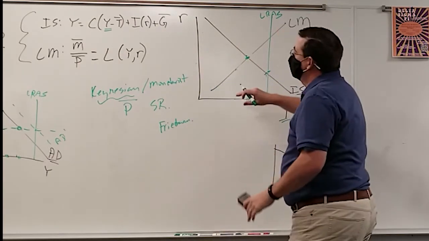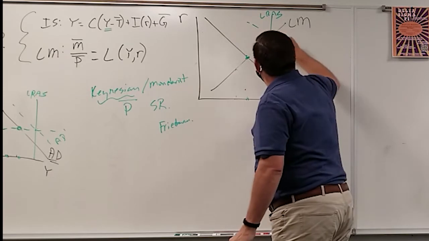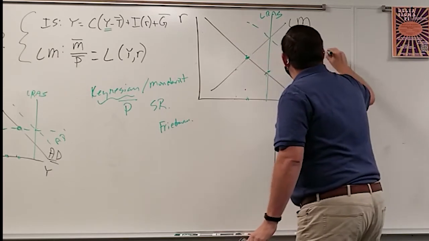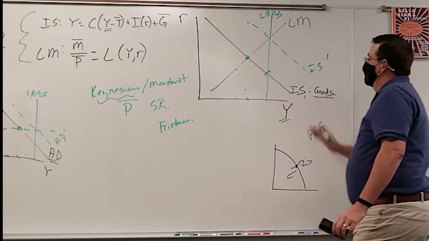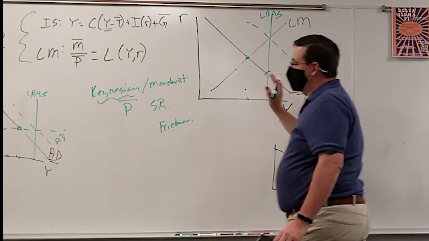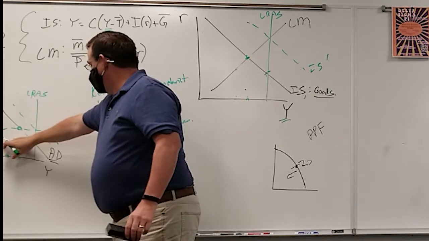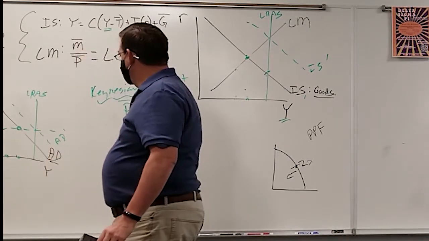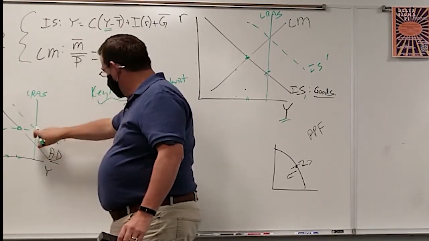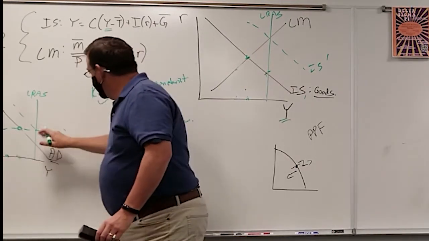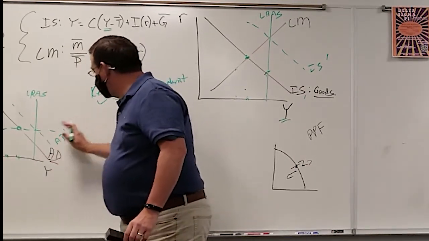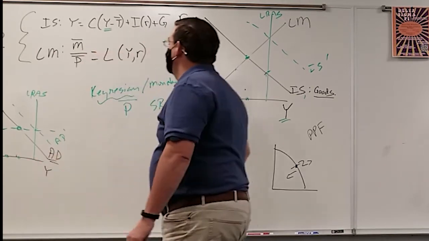Either approach would have the consequence of shifting the IS curve to the right. Shifting the IS curve to the right shows up on the overall market for goods and services as a rightward shift of aggregate demand that could bring us back to equilibrium. Both approaches do the same thing in terms of shifting the aggregate demand curve.